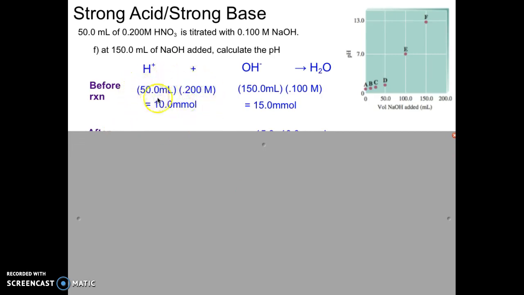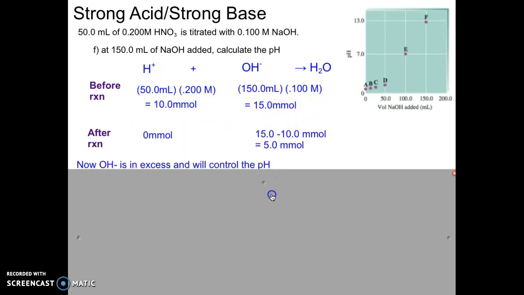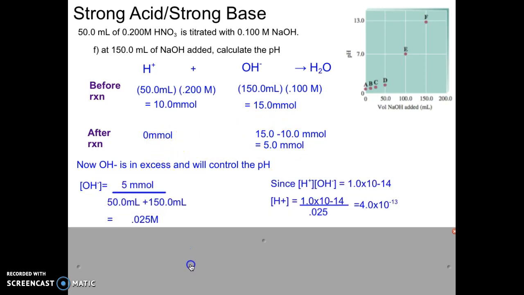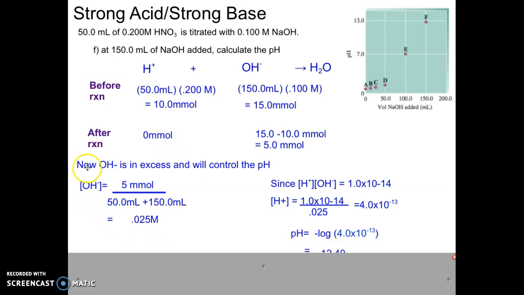Notice how that's staying constant, but I'm adding more OH. And as I'm adding more OH, you'll notice that now the OH is in excess, and the hydrogen ions are all consumed. It's the limiting reactant.